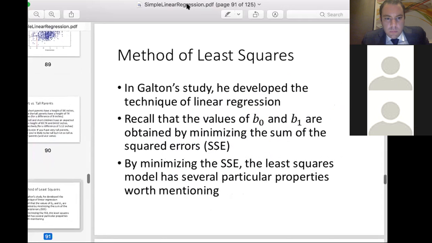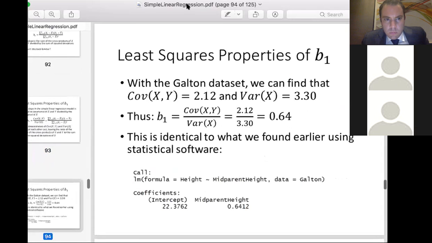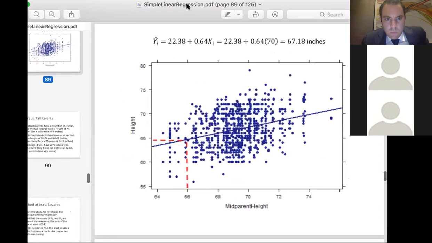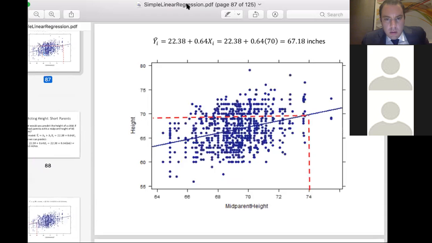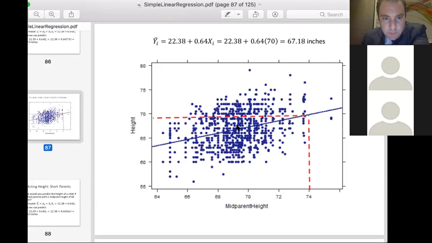Well, 64 is less than 66, but according to this theory, the way it was described, if you have short parents, the children will be a little bit taller, because that's more toward the mean of all people. And if you have very tall parents, the children will be expected to be a little bit shorter.